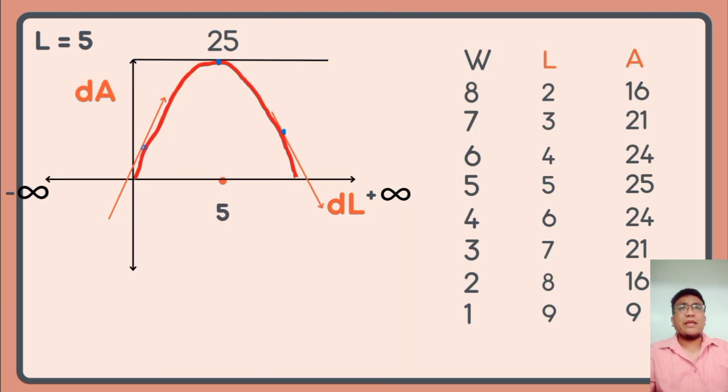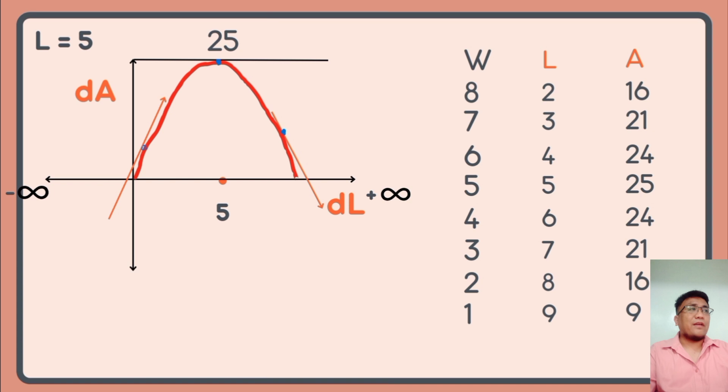So let us see the behavior of the change in length over the change in area. So we have an upward curve with 5. It means that if we have the value of length, which is 5, the area is 25. So let us check in the table.